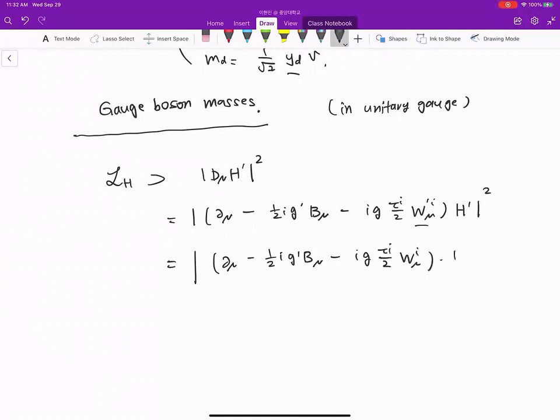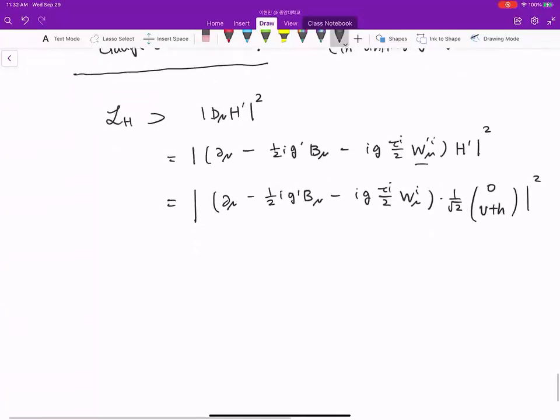And H prime is now in this form. And then if you expand that, because this Higgs field is real, this quadratic term gets simpler. It's a simple form.